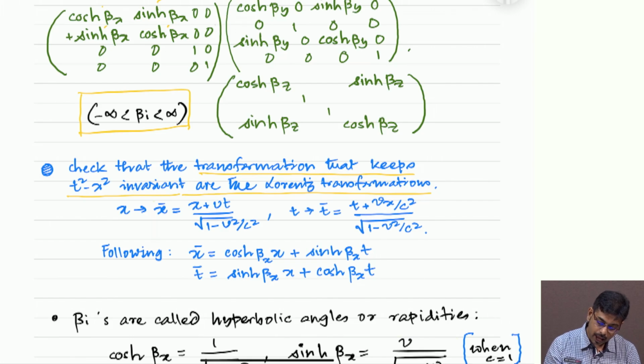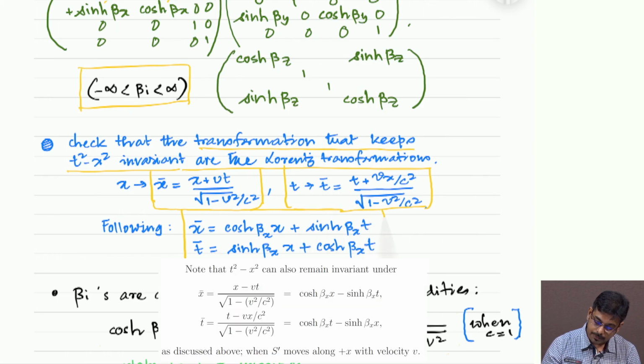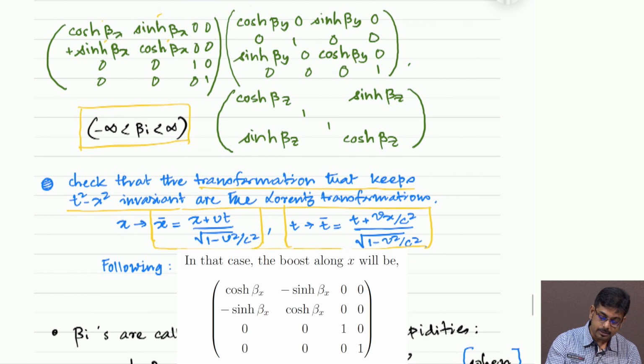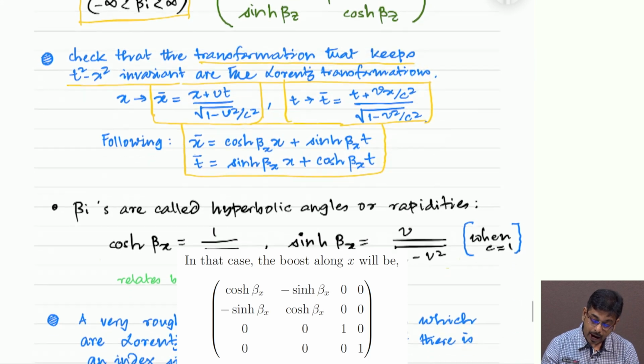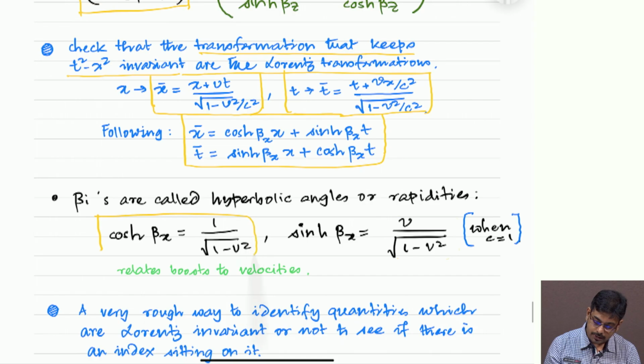For example, if you have x going to x bar equal to x plus v t by square root of 1 minus v square by c square, and t going to t bar which is equal to t plus v x by c square by square root of 1 minus v square by c square, you can instead write x bar and t bar in terms of cos hyperbolic and sin hyperbolic and get precisely these matrices as I have written, where the cos hyperbolic beta x is nothing but 1 by square root of 1 minus v square by c square.